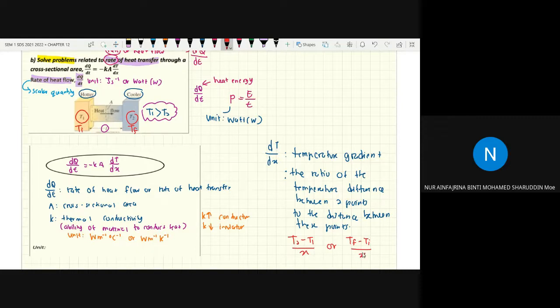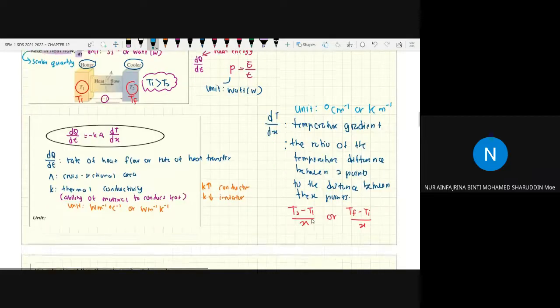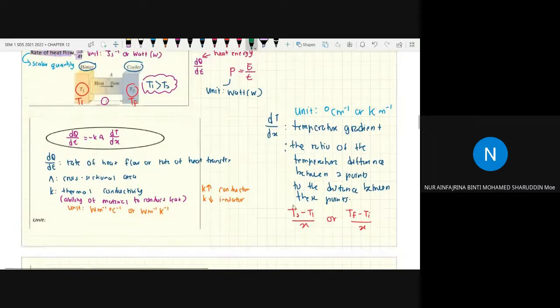This is the temperature gradient, and the unit for temperature gradient is degree Celsius per meter or Kelvin per meter. And x is very special. x can be either length or thickness.